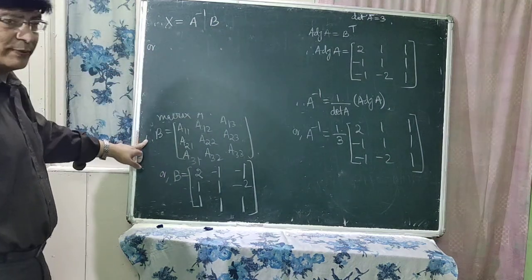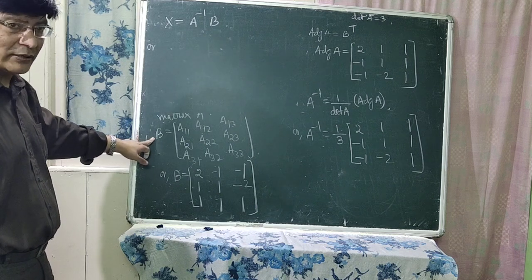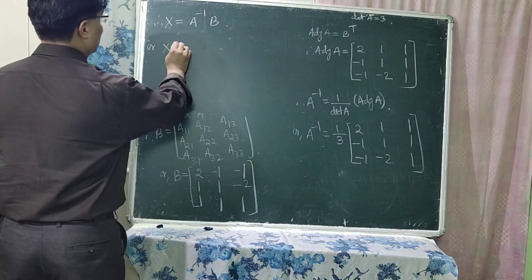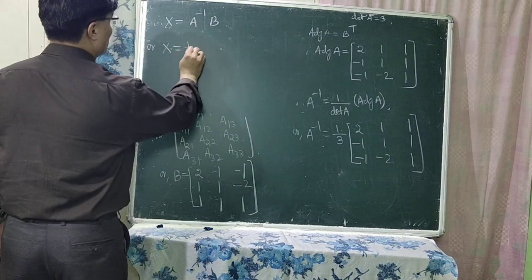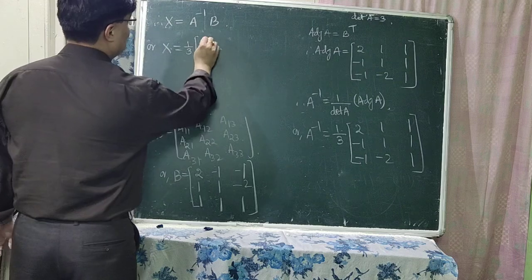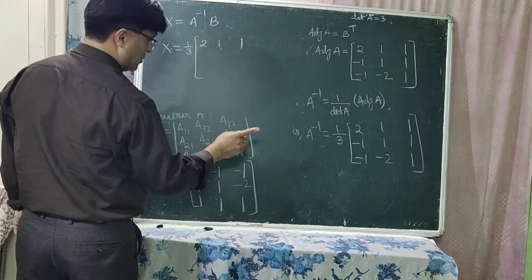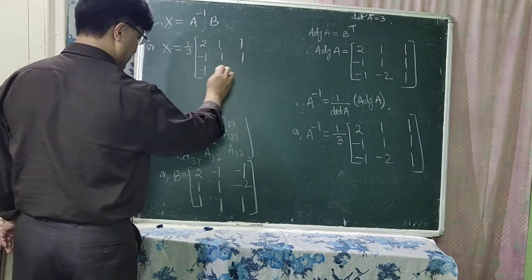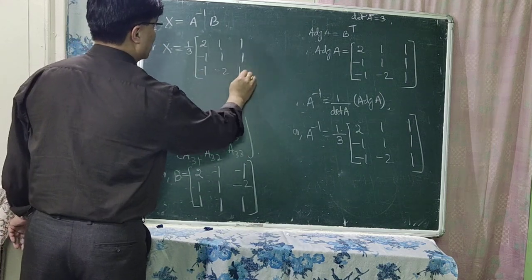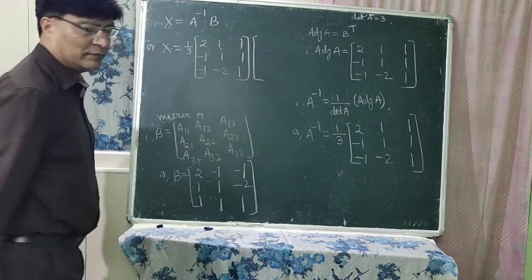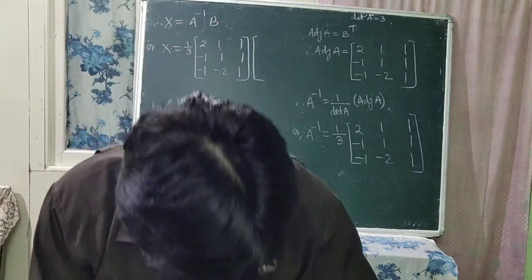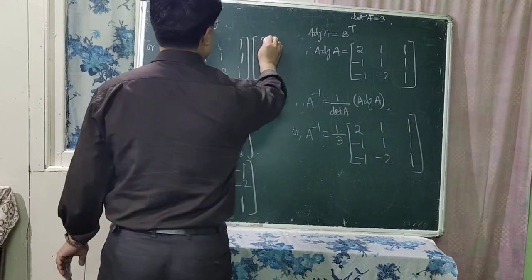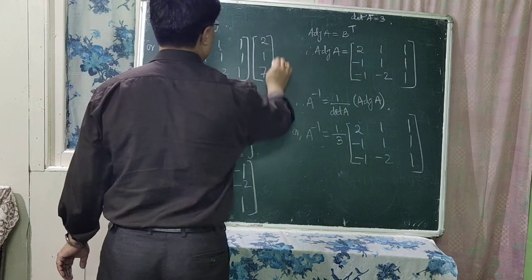So capital X is equal to, what is A inverse here? 1/3, 2, 1, 1, then -1, 1, 1, then -1, -2, 1. And what was the matrix B now? Here the matrix B is 2, 1, 7.